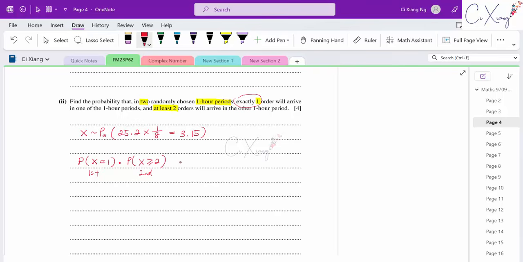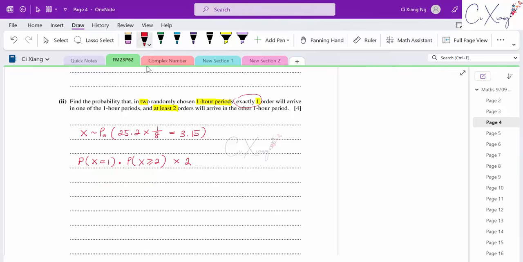But it can also be the case where the first period has X greater than or equal to 2, and the second period has X equals 1. When you have these two cases, the calculation for the probability should be the same because both of them are 1-hour periods. So to save time, I will just multiply my answer by 2, since I have two sets of the similar answer. So this is how we set up the question.